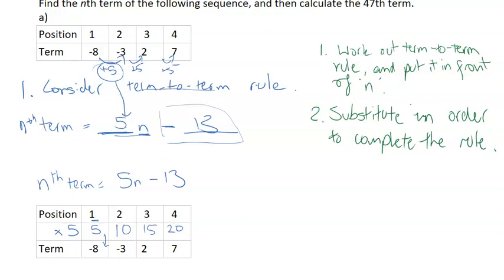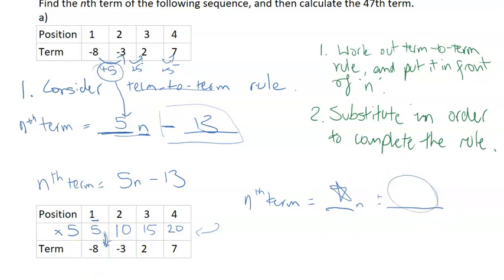So set it up in your book: nth term equals a space in front of the n, plus or minus, you've got to choose which one, and the rest. The term-to-term rule goes here, and then substitute it in like we did here to figure out the difference, so you can work out the rest.